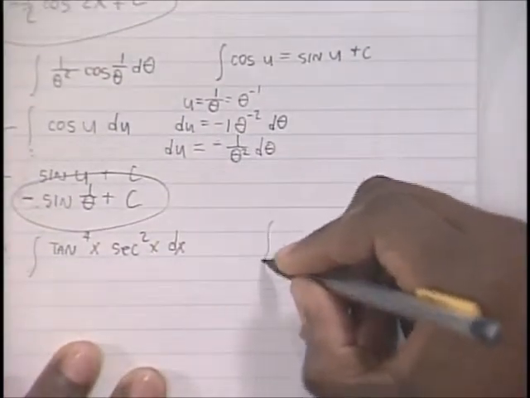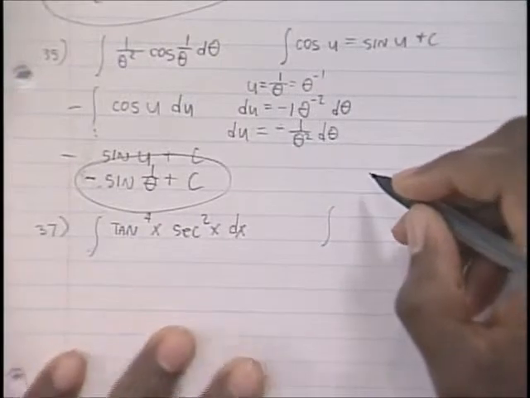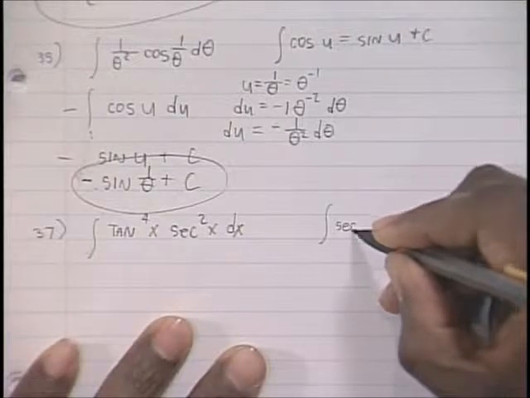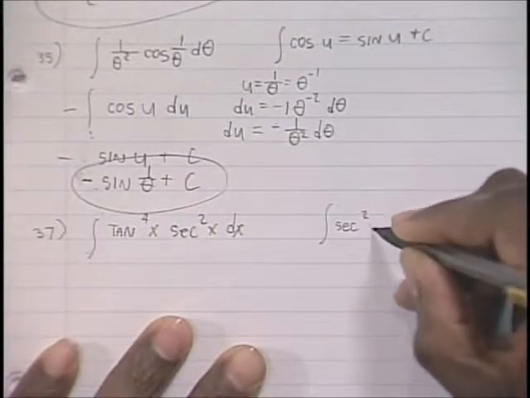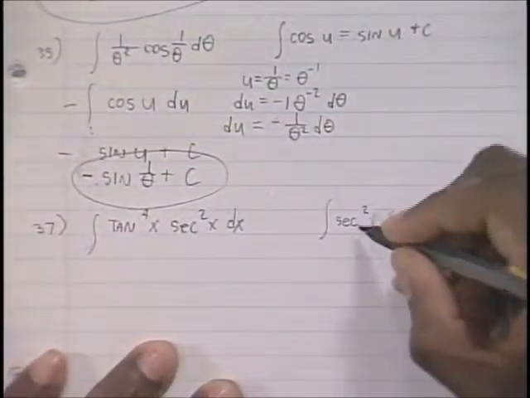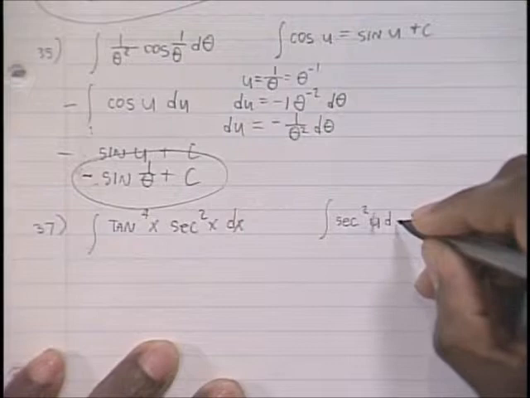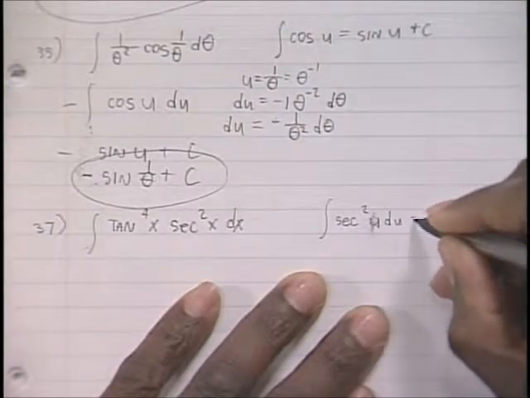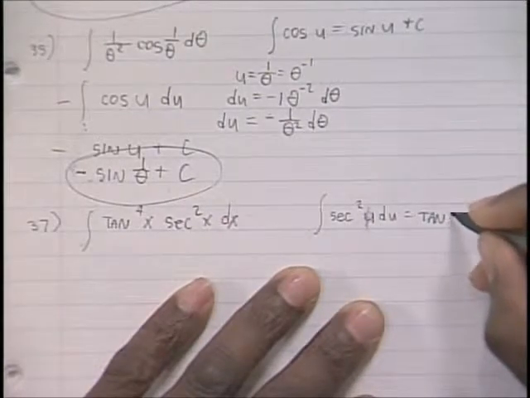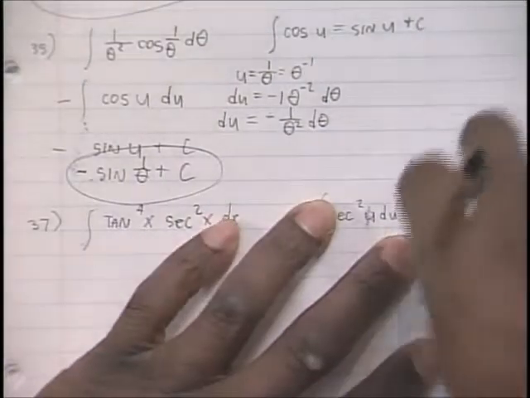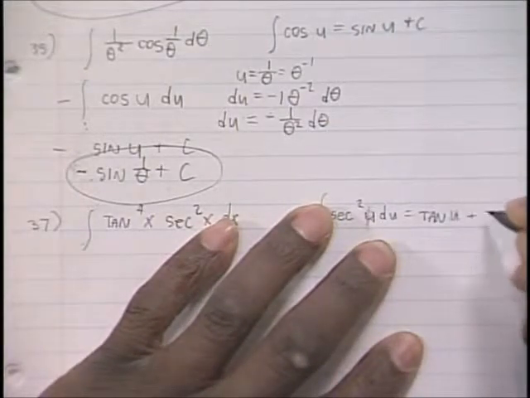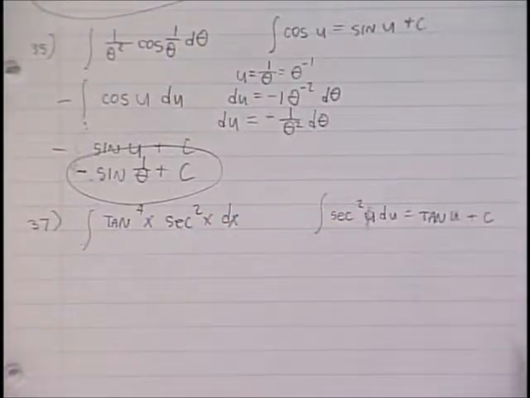Here what you'd have to know is that the antiderivative of secant squared of u is tangent of u plus c. You'd have to know that coming in.